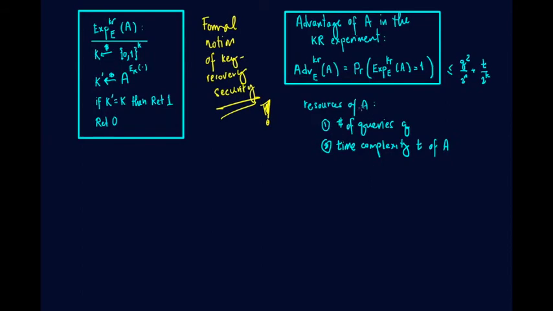These are the resources we track. Now, I've said that this advantage is for a particular adversary A. So as soon as we write down a particular attack, I can talk about the advantage of that attack by plugging that A into this experiment. Whatever adversary you specify, this is it.